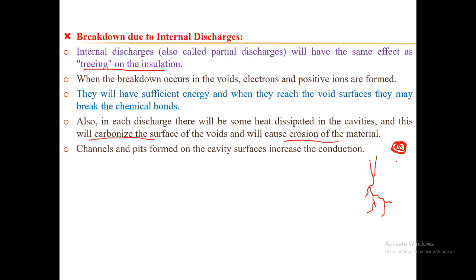So when the partial discharge takes place, the electrons and positive ions are formed, and these electrons and positive ions cause ionic bombardment, the mechanical deformation to the inner wall, which breaks the chemical bond. Another point is that during each discharge, some amount of heat is always dissipated in the cavities, which will carbonize the surface of the void and cause erosion of material, which eventually increases the dimension of the crack as well.